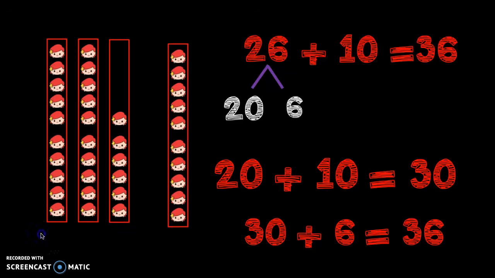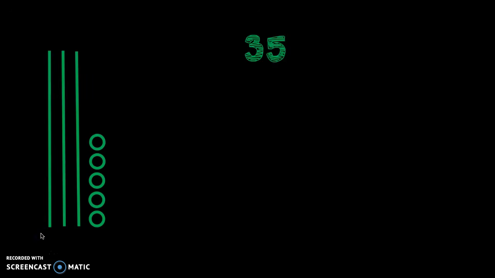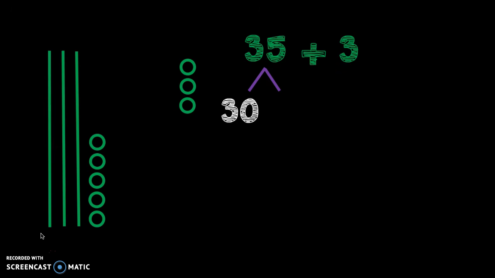Let's try another one. If I have 35 and I add in 3, friend, where am I going to add in that 3? Am I going to add it to the 10s or to the 1s? Yeah, you're right. I'm going to add it to the 1s. So I'm going to break apart 35 to show the 10s and the 1s so I can see what I need to add to the 3. Let's see, there are 3 10s in 35, so that's 30.